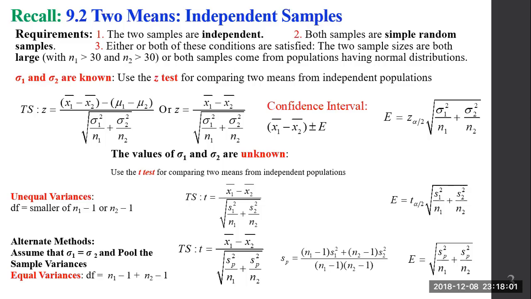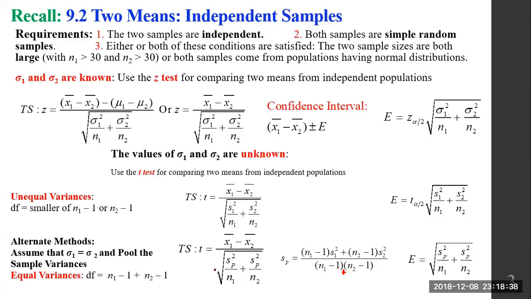The formula needs to be fixed here: the numerator is plus n2 minus 1 times s2 squared, and the denominator is n1 minus 1 plus n2 minus 1.